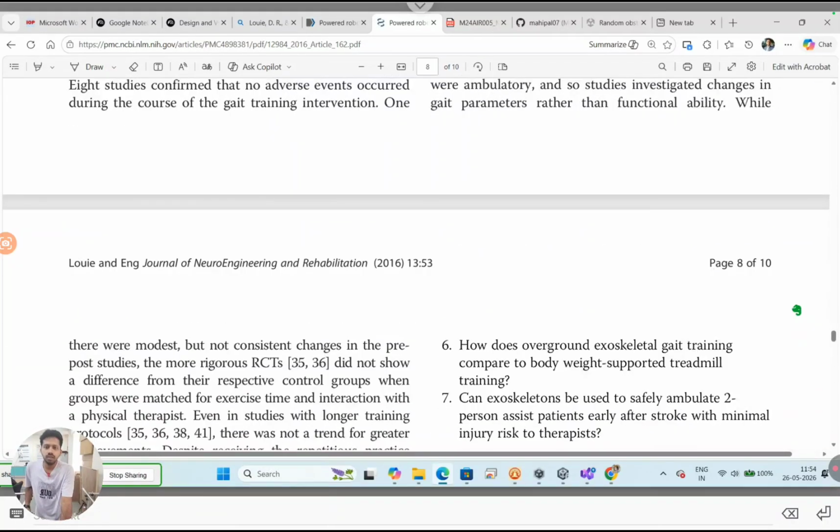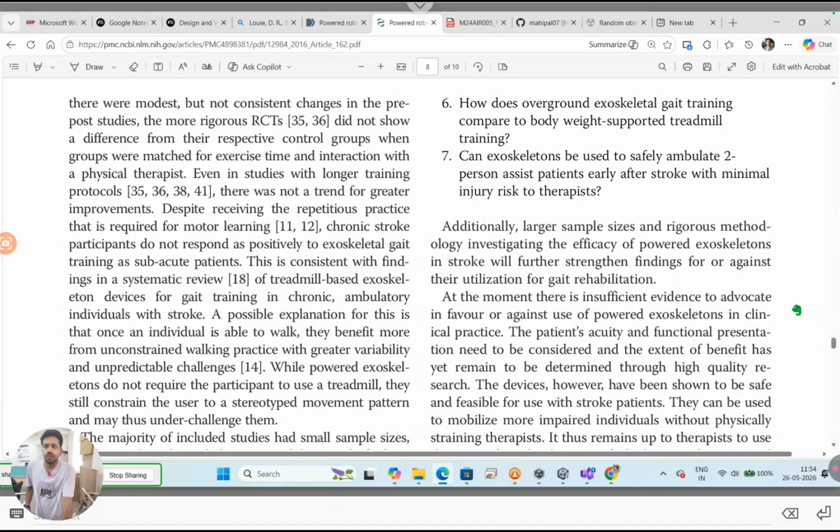While there were modest changes in the pre-post studies, the more rigorous RCTs did not show a difference from their respective control groups, when groups were matched for exercise time and interaction with a physical therapist. Even in studies with longer training protocols, there was no trend for greater improvements despite receiving the repetitious practice that is required for motor learning.